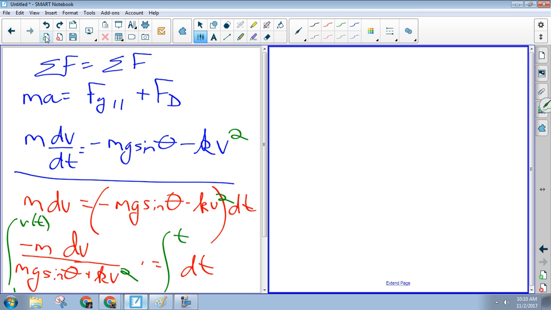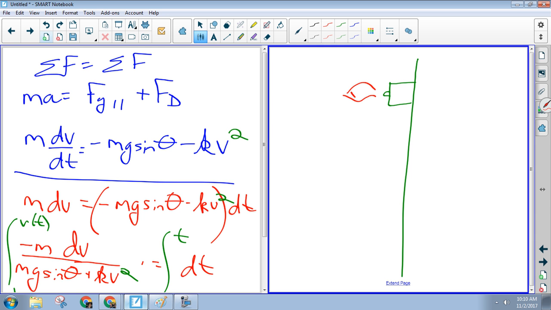How about this? All right, so that's a vertical line. Here's a box. It's got a little rocket pack on it.